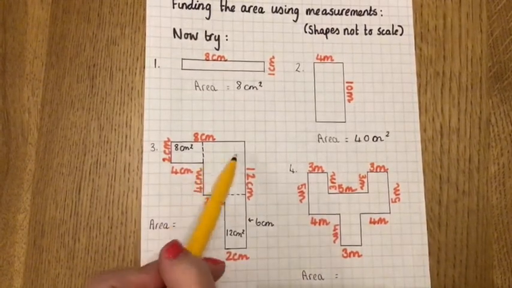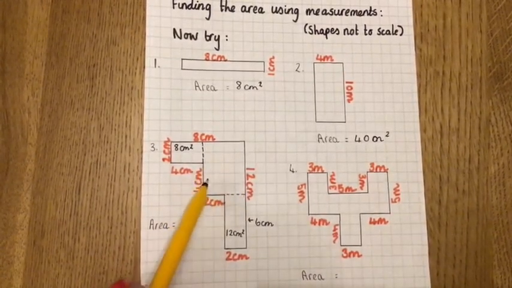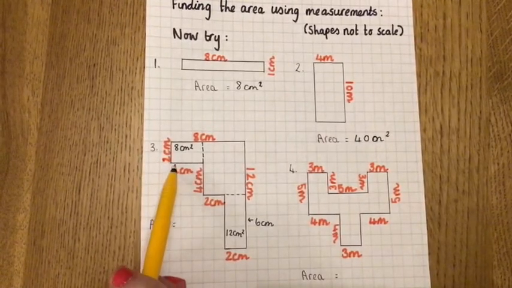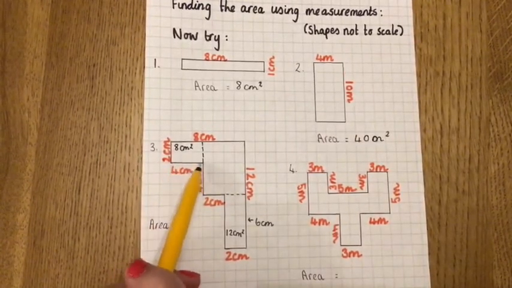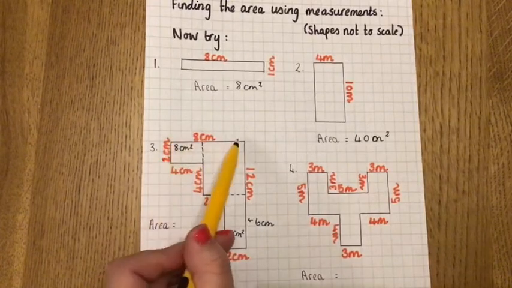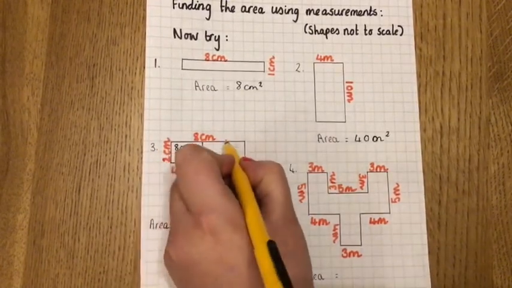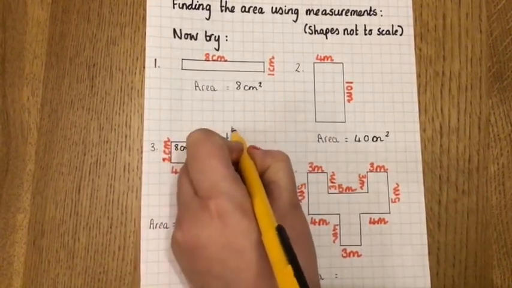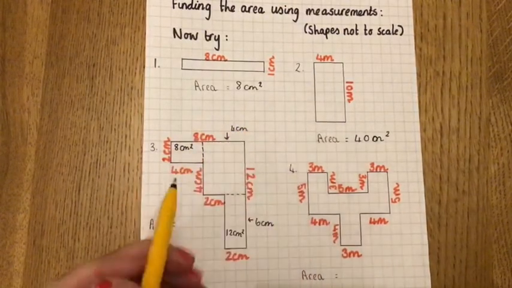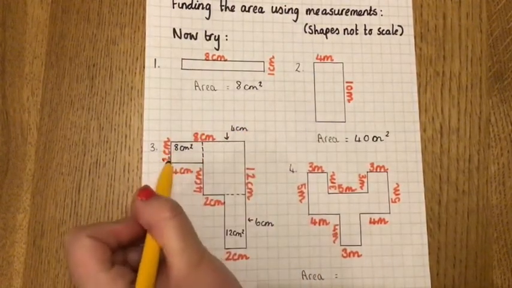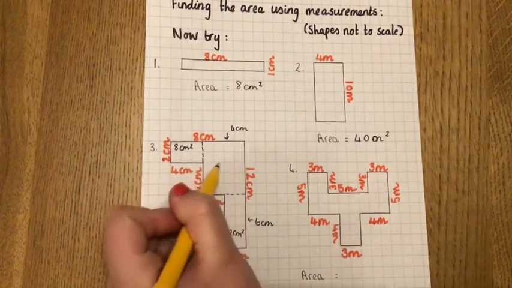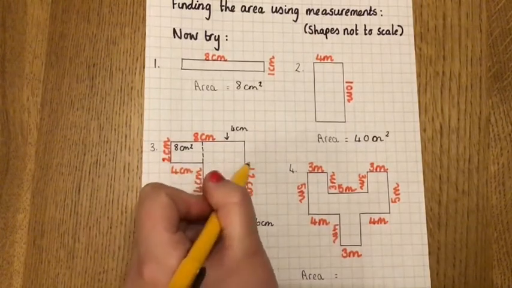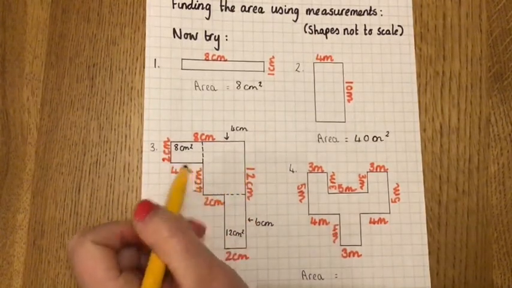And then finally, this rectangle here, well, if I know that that bit's 4 to there, and I know the whole length of this is 8, then this bit is going to be 4 centimetres. And if I know that this bit is 2 across here, that would be 2 plus this bit here, 4.